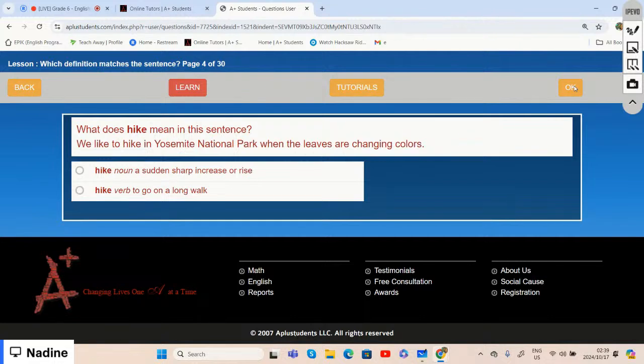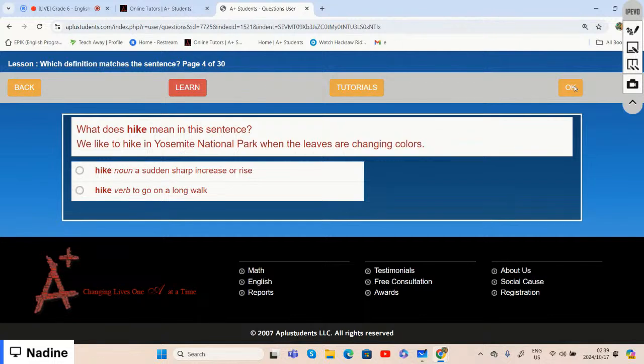So what does hike mean in the sentence? We like to hike in Yosemite National Park when the leaves are changing color. Hike. Is it option one, a sudden sharp increase or rise, or option two, to go on a long walk? Hike.